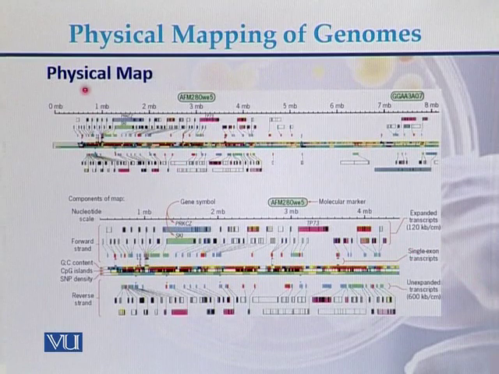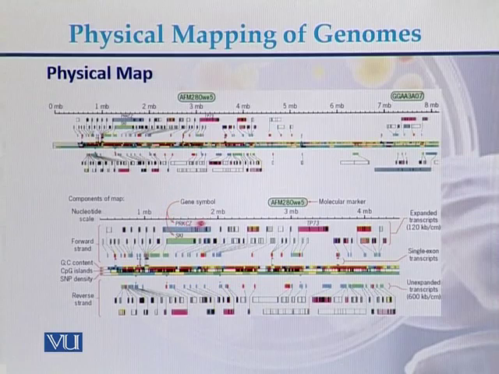Here is a detailed structure of a physical map in which we can see the DNA in the form of MBs: 0 MB, 1 MB, 2 MB, and 3 MB. This is a marker that is located at the 3 MB location. So these are the genes. There is another marker between 7 MB and 8 MB of DNA.